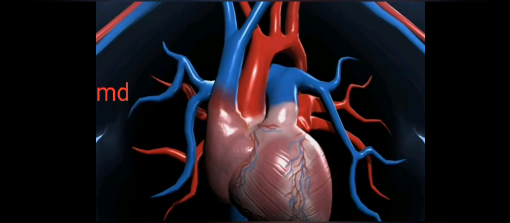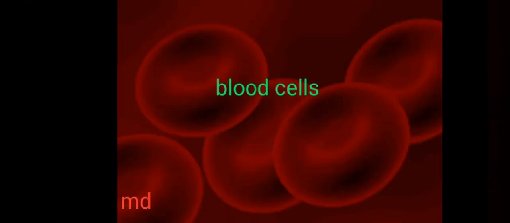The carbon dioxide which is produced by the cells as waste enters the blood through capillaries to the veins. The veins carry the deoxygenated, carbon dioxide rich blood to the heart, and this deoxygenated blood enters the right auricle.